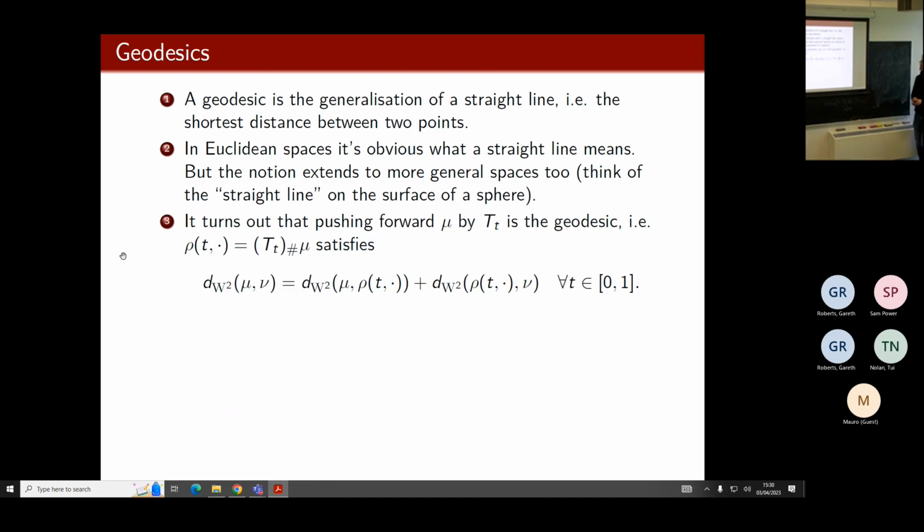So it means exactly this: the triangle inequality will always tell us that this is less than or equal to the sum of these two distances. But the fact that we have an equality here means that this rho_t has to be exactly on the line between mu and nu. So when this happens, we can say that rho is going to be the geodesic.